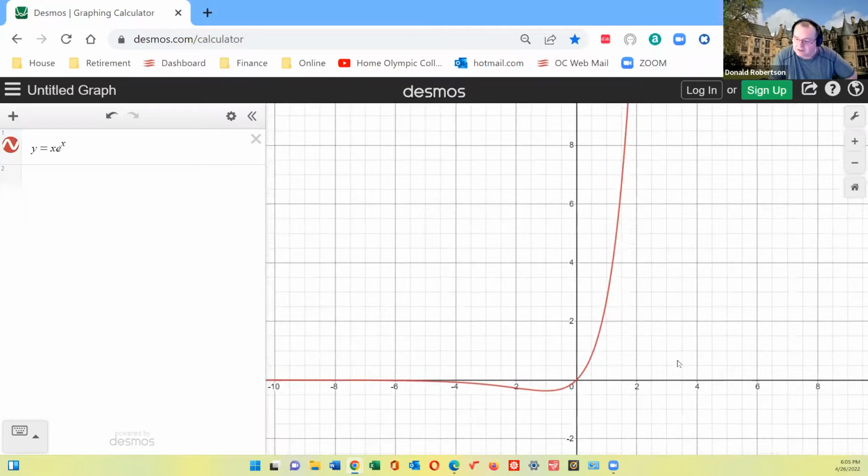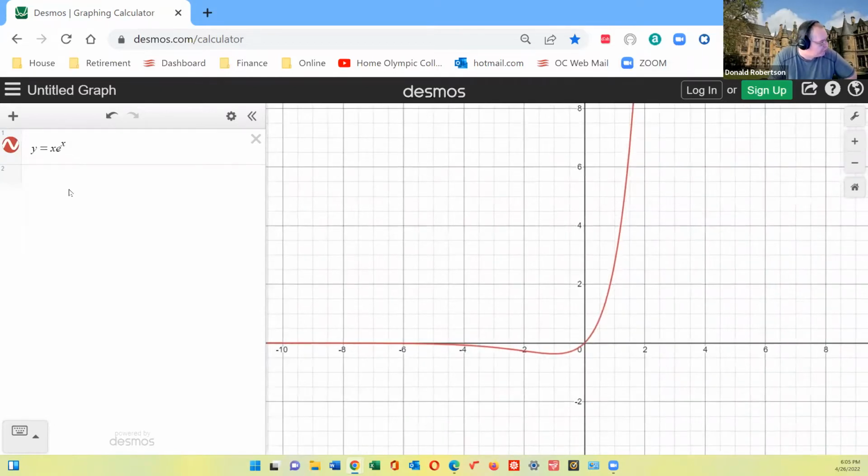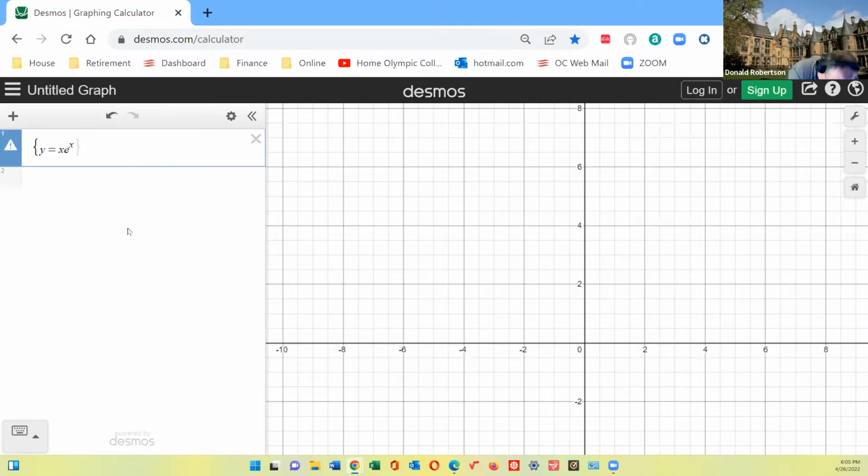Now, I'm only interested close to 0. I don't know if you've used Desmos, but you can actually restrict the values of x that you sketch on. This is how you do it. You do curly bracket. Since I'm interested in 0, I'm going to go -1 less than or equal to x less than or equal to 1. So that's basically how you restrict that.